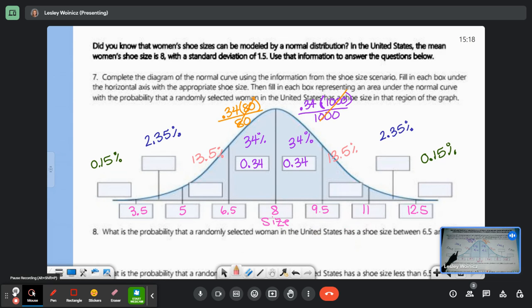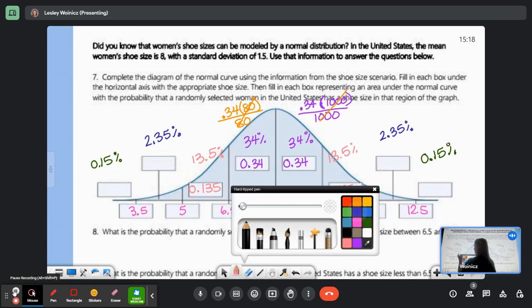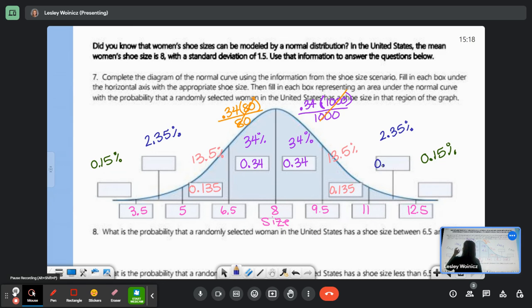On the front we figured out how many women. This is asking us to find the probability. So we're going directly to the probabilities, skipping the number of ladies. Do you see that we can just move the decimal point over 2 times and we get the probability? So it should be 0.135, 0.0235.